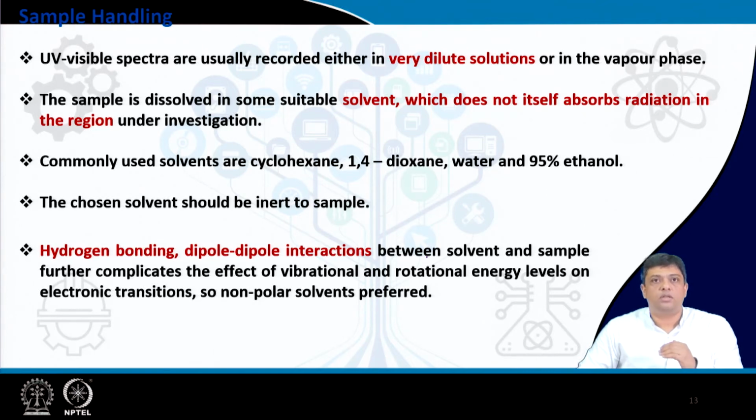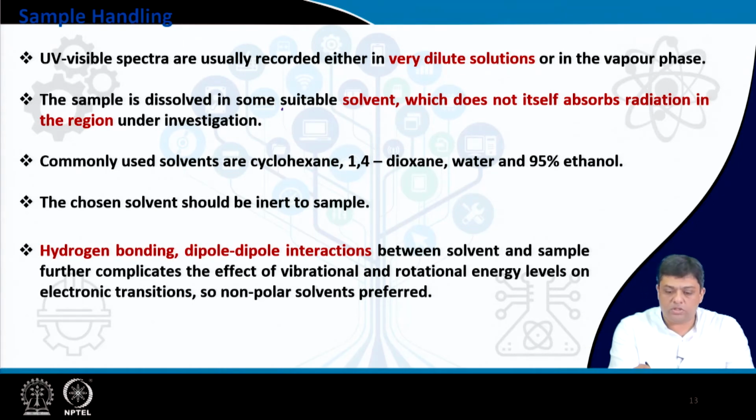Please note that this measurement will give you reliable data only when you are using very dilute solutions or you are performing the measurements when the system is in the vapor phase. The sample is dissolved in some suitable solvent. What do you mean by suitable solvent?